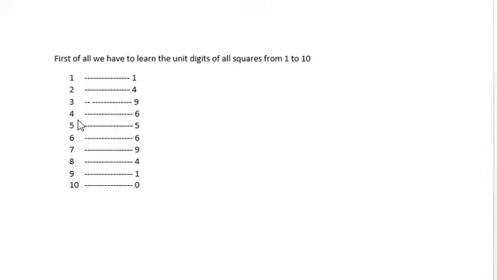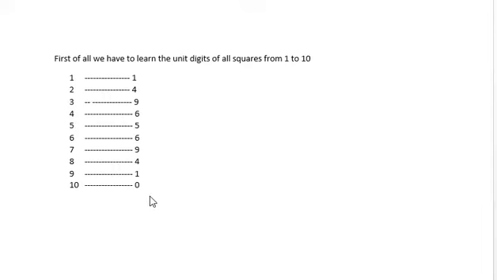The unit digit of the square of 4 is 6, because 4 squared is 16. 5 squared is 25, so the unit digit is 5. 6 squared is 36, unit digit is 6. 7 squared is 49, the unit digit is 9. 8 squared is 64, so the unit digit is 4. 9 squared is 81, so the unit digit is 1. And finally 10 squared is 100, so the unit digit is 0.